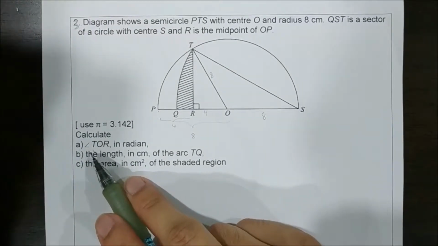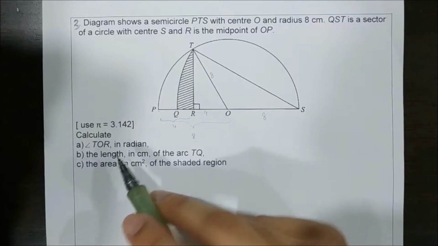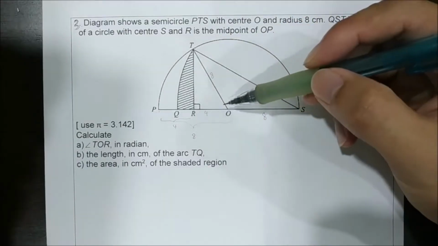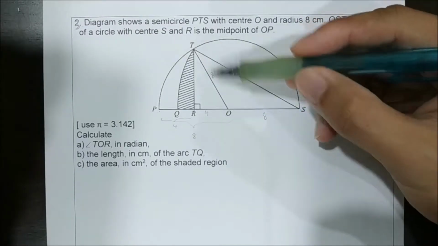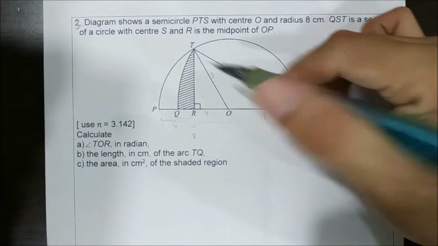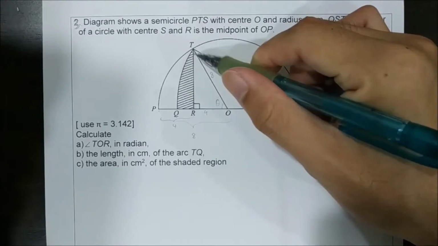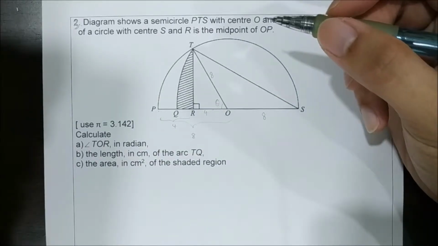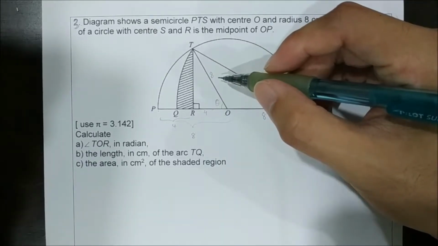Calculate. A, the angle of TOR in radian. You are given a right angle triangle here. We can use trigonometric functions to help us. So if we are looking for this angle, this side will be the adjacent side, and this will be the hypotenuse of the right angle triangle. So the trigonometric function involved with adjacent side and hypotenuse is cosine.